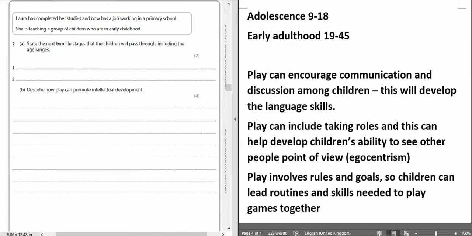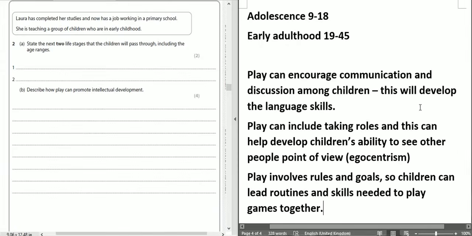So again, the idea being that games involve rules and regulations, and children learn the rules, and again, that could be helpful for their intellectual development. So again, it's almost part of their thinking skills, their reasoning skills, their logic skills.